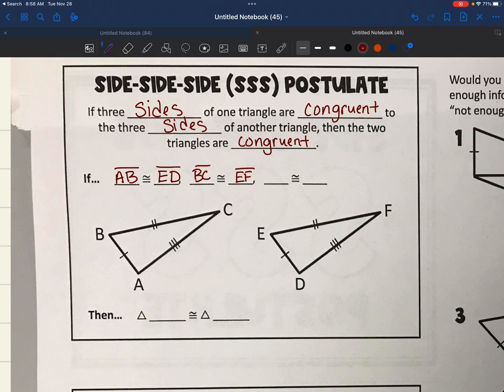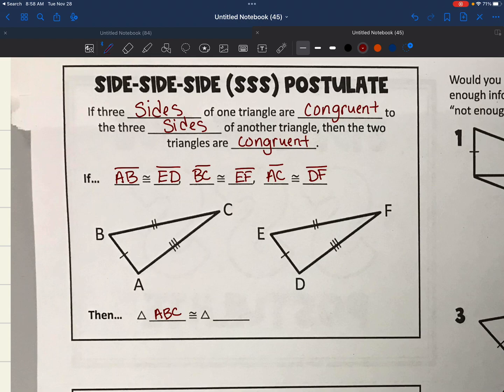Okay. Dylan, what's the last side I haven't listed on the first triangle? AC. And it is congruent to which side on the second triangle? DF. Okay, so if we can say that all three sides are congruent to each other, then we can say triangle ABC is congruent to triangle what?